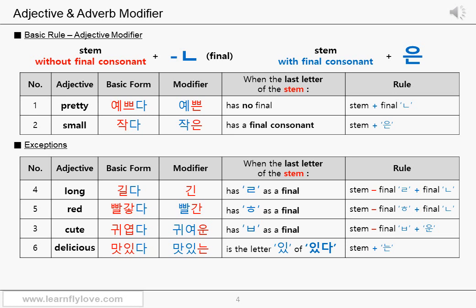We add 는 mainly because this 있다 part is not exactly an adjective. It can be a verb too. Adding 는 is a part of verb conjugation rule. We're gonna learn about this soon, don't worry. Anyway, it's 맛있는.